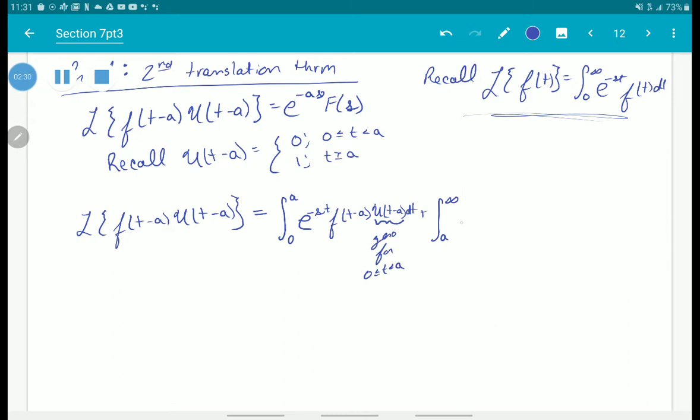And then that second piece, e to the negative st f of t minus a, unit step t minus a dt. And this is going to take on the value of 1 since we're between a and infinity. So t is greater than or equal to a.